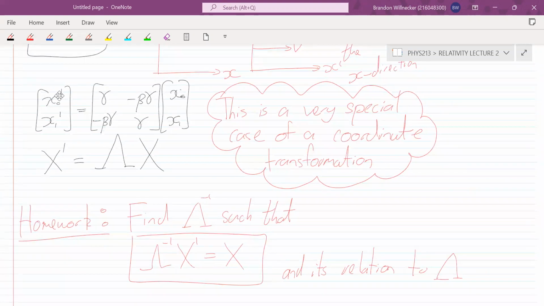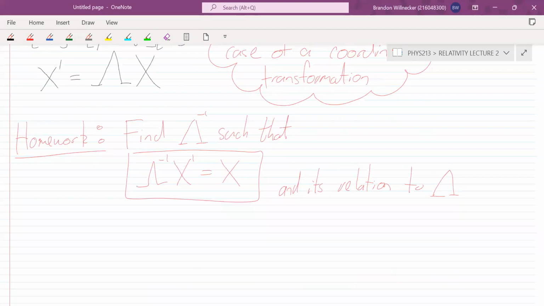There's a very nice relationship between the two in terms of the velocities, or in terms of the betas. So take a look at lambda inverse and notice how the betas change and what that relates to physically, in real physical space.